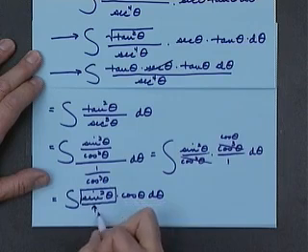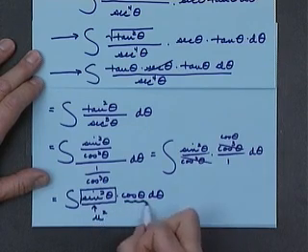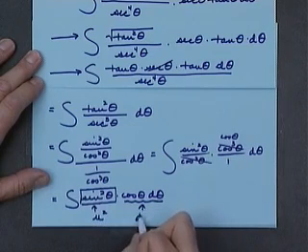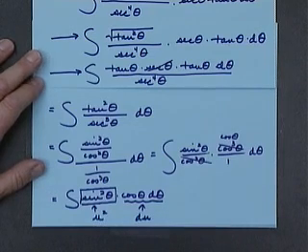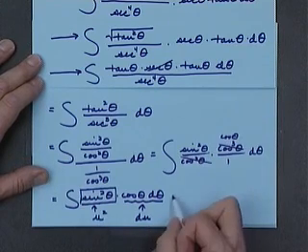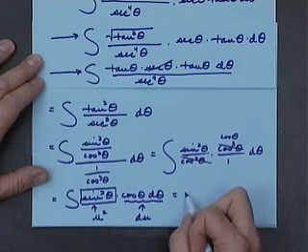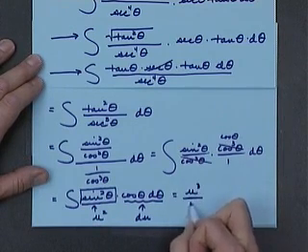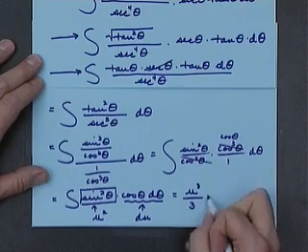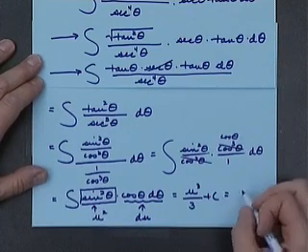This is u squared, where u is equal to sine, and this is du, since the derivative of sine is cosine. So this is u squared du, which integrates to u cubed over 3. And what did u represent temporarily? Sine.